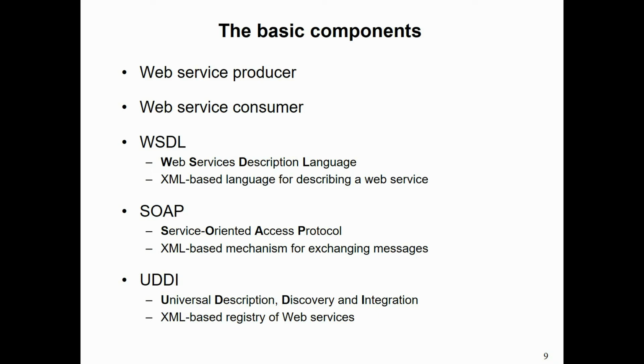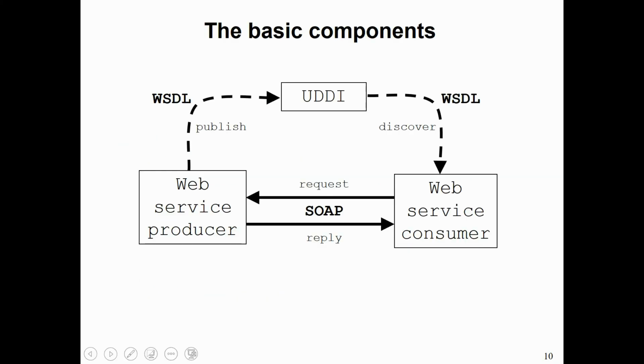And then we've got the UDDI, the Universal Description, Discovery and Integration, which is also XML-based and is a registry of web services. So a web service producer will publish in the UDDI details about the web service that they've just developed. And a web service consumer can discover from the UDDI what web services are available.